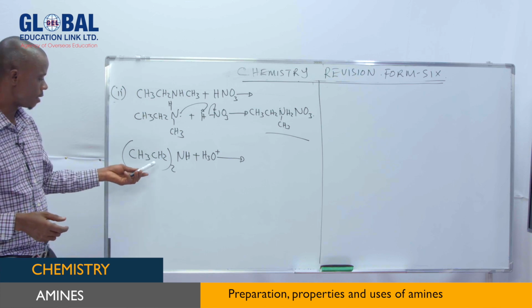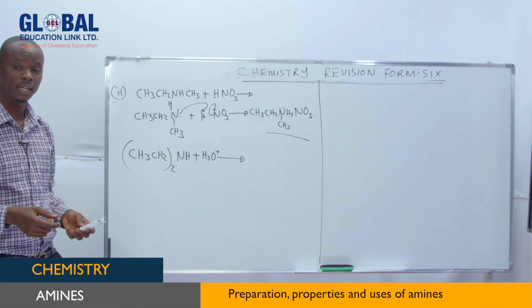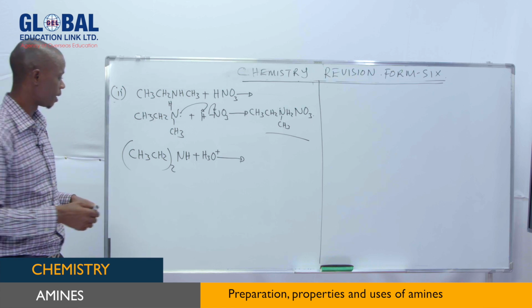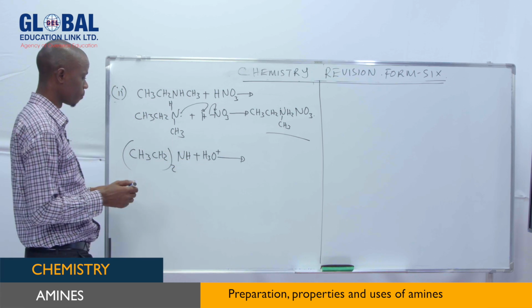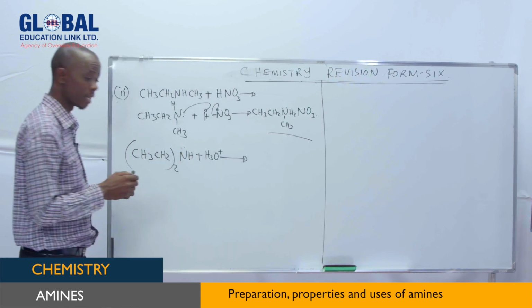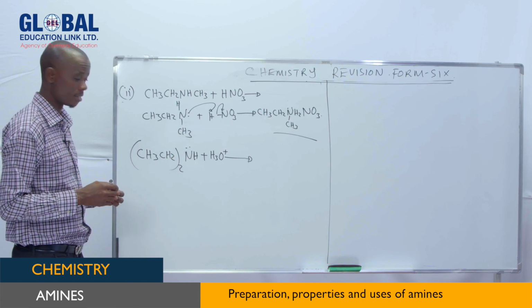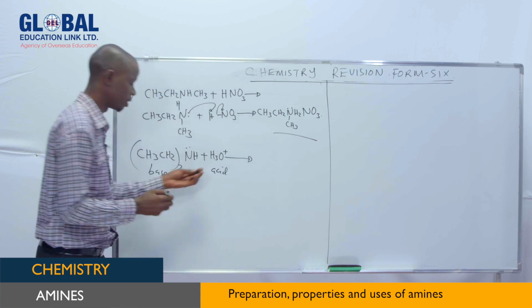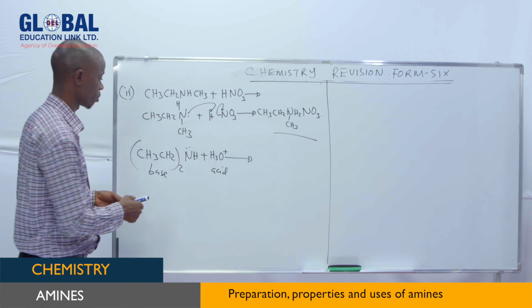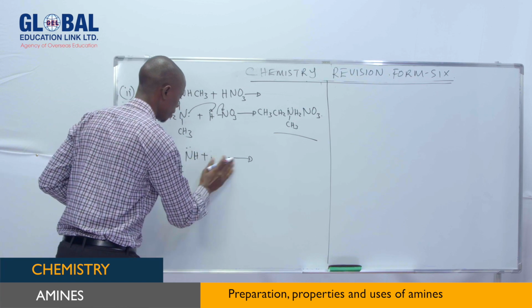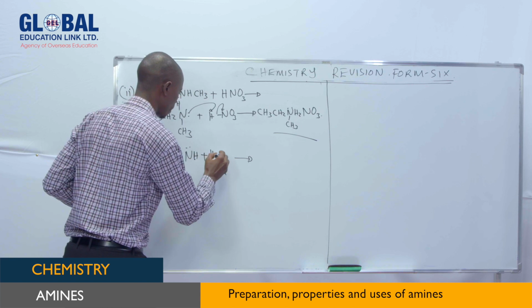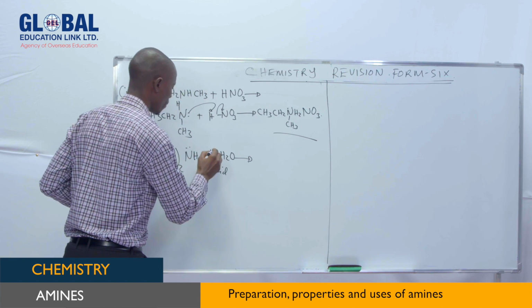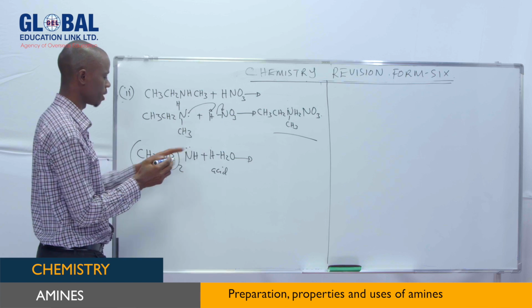This diethyl amine, which is a secondary amine, is reacting with hydronium ion. Now there is a lone pair here. This hydronium ion is an acid, so this is the base and this is an acid. If it is an acid, that means it can donate a proton. So we can write it in a proper way, this way. This is the proton which can be given there.